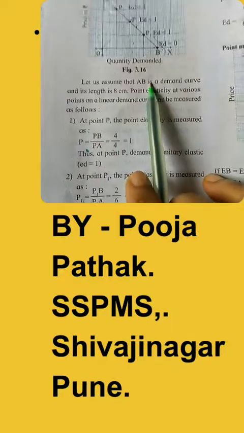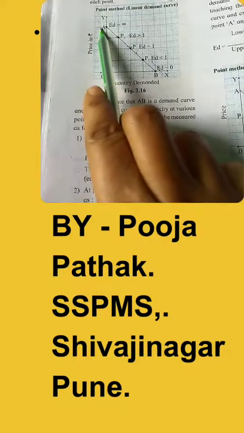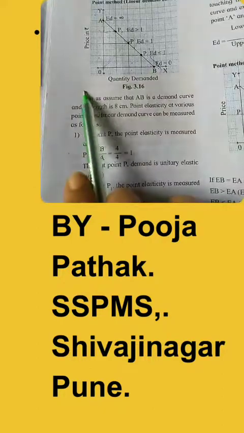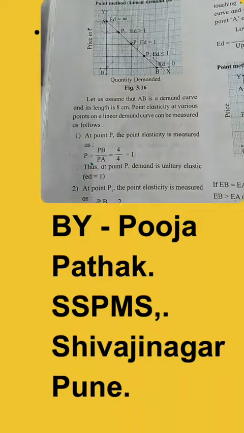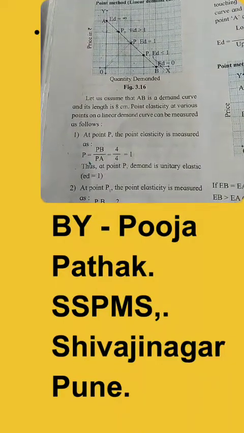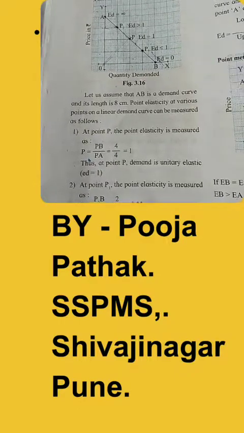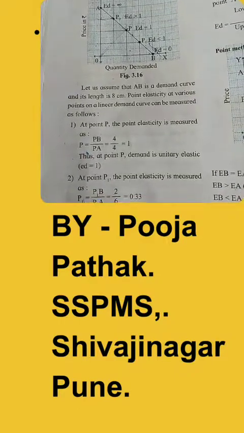Let us assume that AB is the demand curve and its length is 8 centimeters. Point elasticity at various points on the demand curve can be measured as follows. Okay, at various points, how will you measure the elasticity? We will study now.